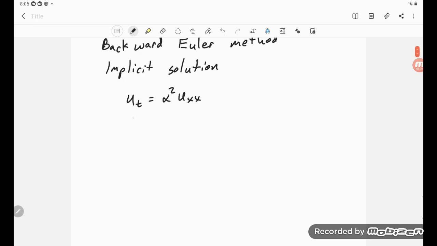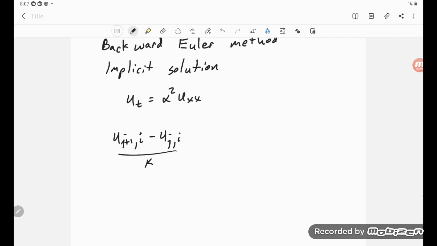Now, in this case, when I do my difference, it'll look the same on the left-hand side. I'm going to have u sub j plus 1, comma i, minus u sub j, i, divided by k.